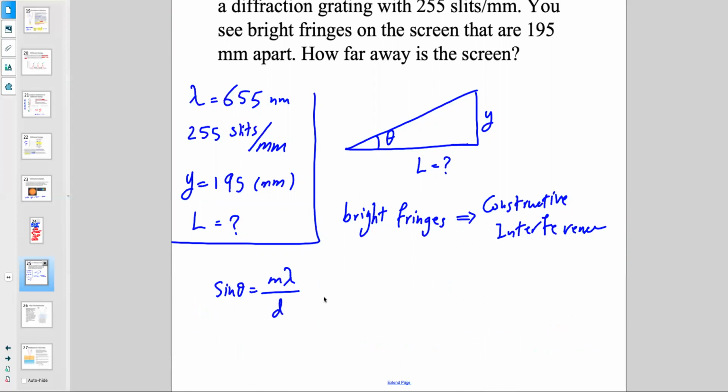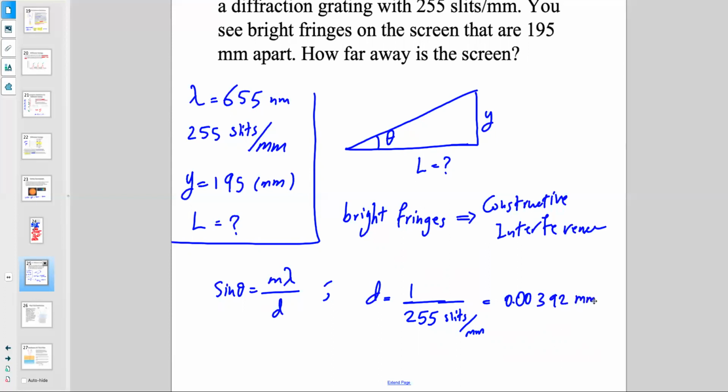Sine theta is m lambda over d, with m being equal to 1, for example. And we know what d is. d is 1 over 255 slits per millimeter, which means if you put this in your calculator, 1 over 255, you'll get 3.92 times 10 to the negative 6 meters, or 0.00392 millimeters.